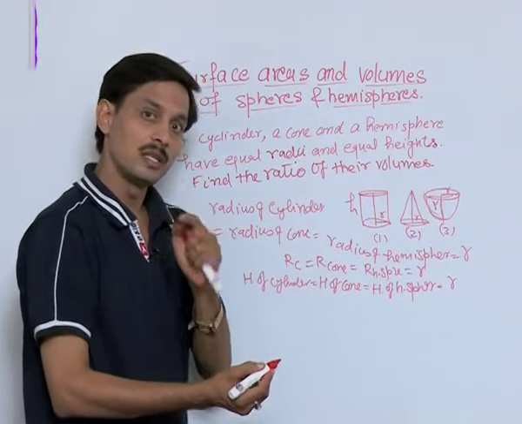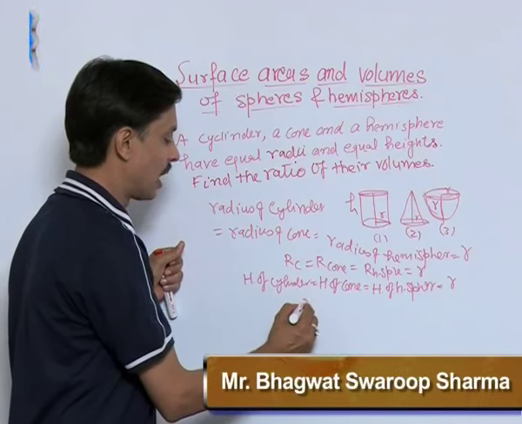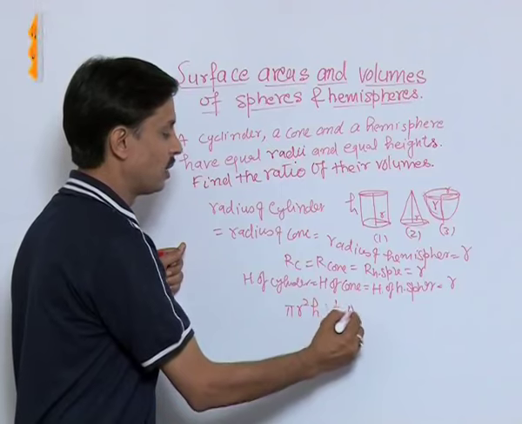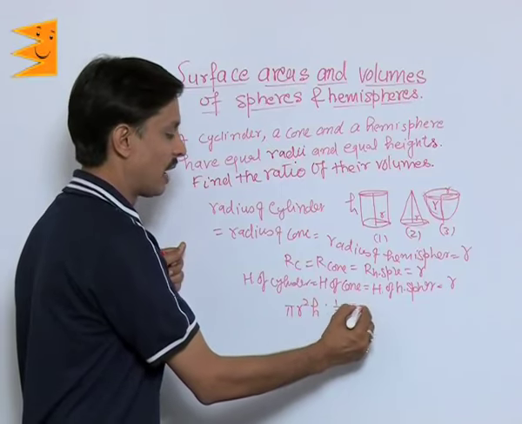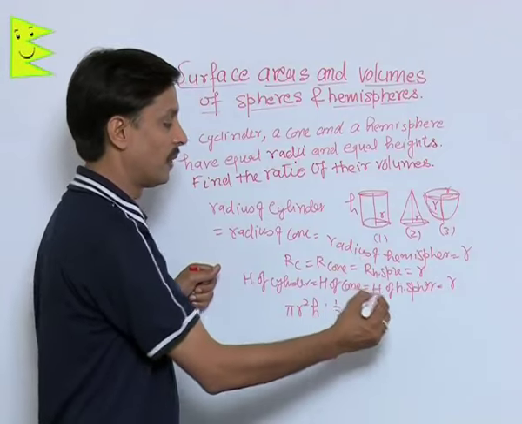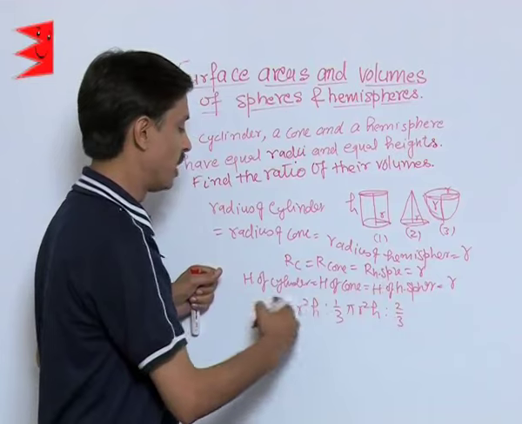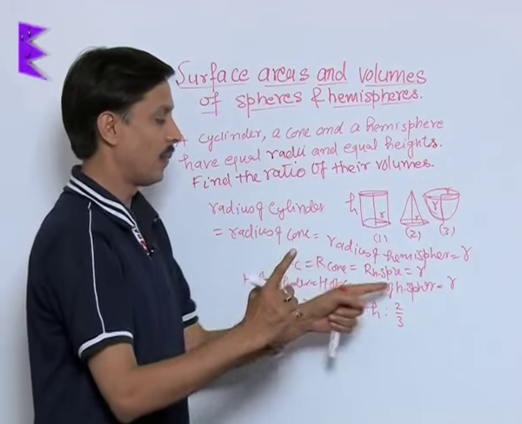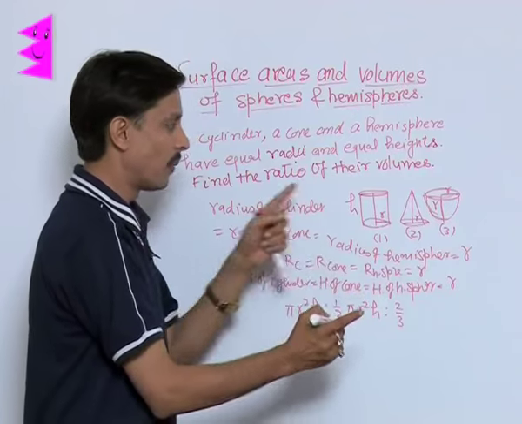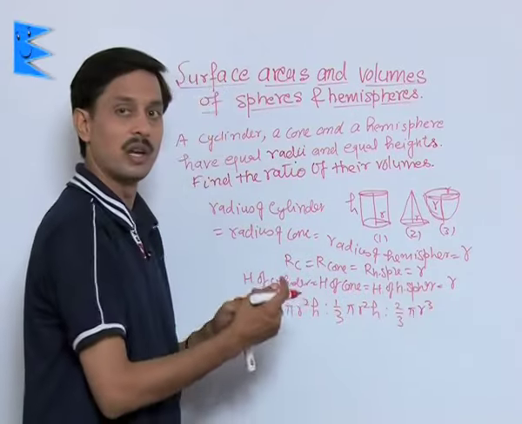First is the cylinder. Volume of cylinder is pi r square h, is to 1 by 3 pi r square h, the volume of cone, is to the volume of hemisphere, which is 2 by 3 pi r cube as the usual result.